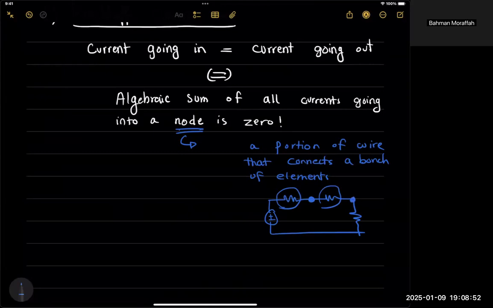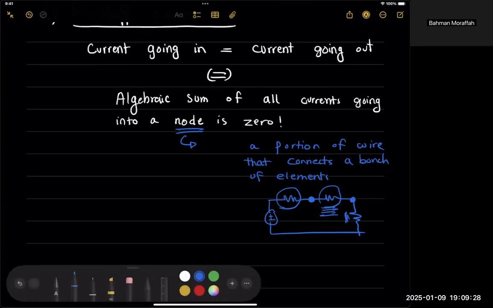This right here is another node because it connects this element to this element. And what Kirchhoff's current law tells us is that if I consider any node in the circuit, the current going in should be the exact same as the current going out. Or equivalently, the algebraic sum of all the currents going into a node should be zero.